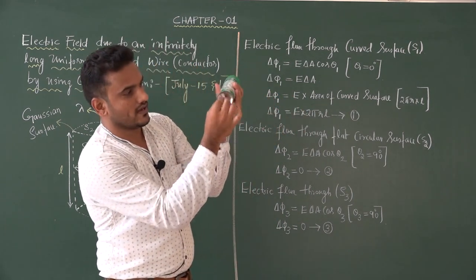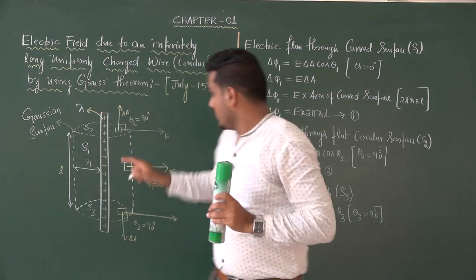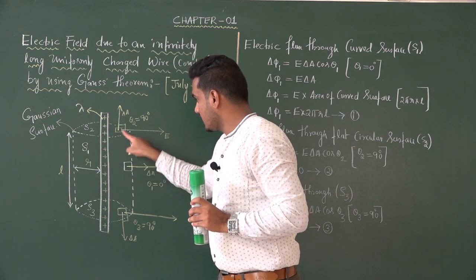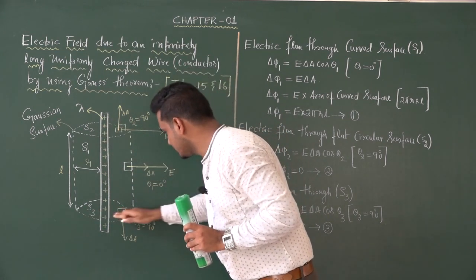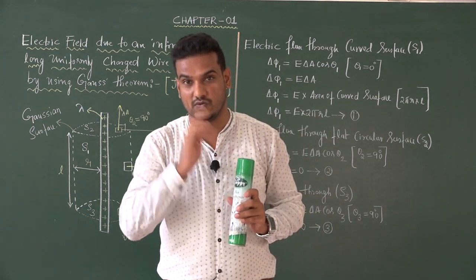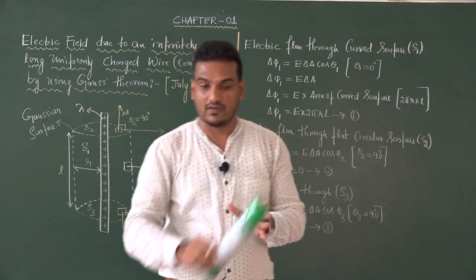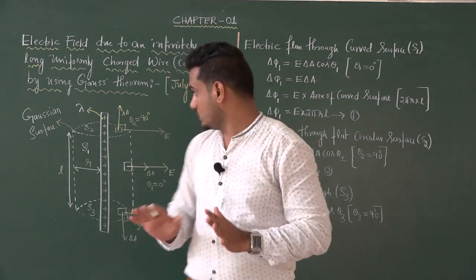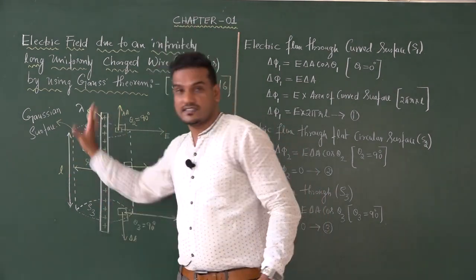Here also parallel. So in case of S2 and S3, the direction of electric field is parallel to the surface. So electric flux is 0. Now I am calculating total electric flux through the cylindrical Gaussian surface.